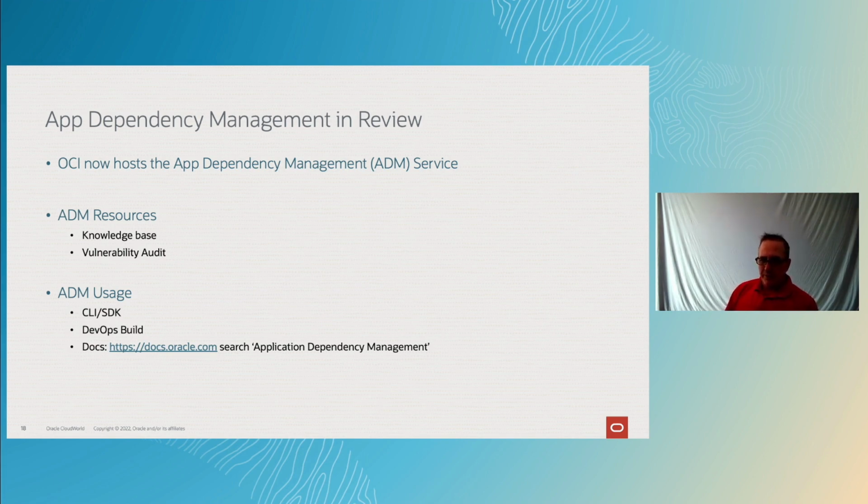If you're looking for more information, our documentation is fully published. Just go to the docs on the Oracle Cloud and search for application dependency management. It's much easier to give you this than to try to give you the link, but take a look at that. In there, if you have any support requests, you can submit them through the OCI console integration.